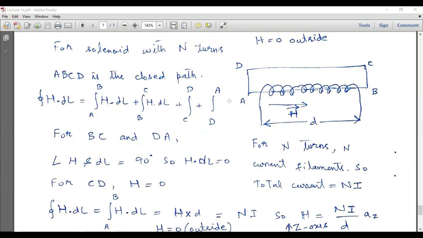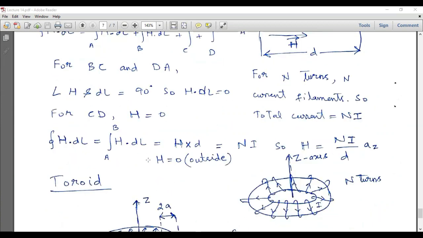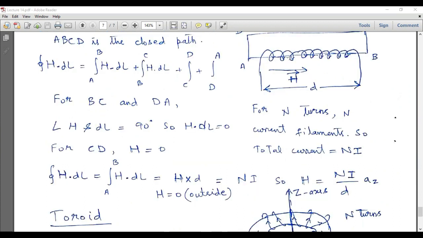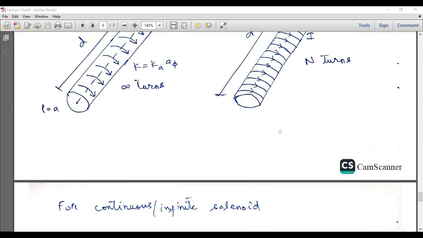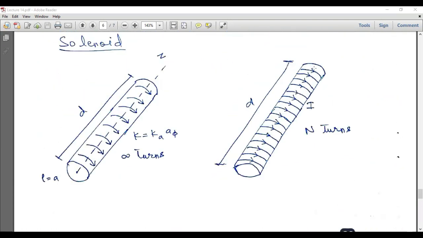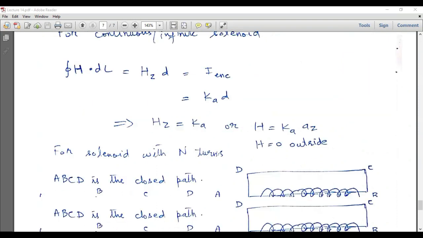For the section from A to B, Ampere's law gives H into d, and that will be equal to n times I, because there are n current elements and the current in one element is equal to I. So H will be equal to nI divided by d, along the unit vector a_z. The direction of the magnetic field intensity will be along the z-axis.